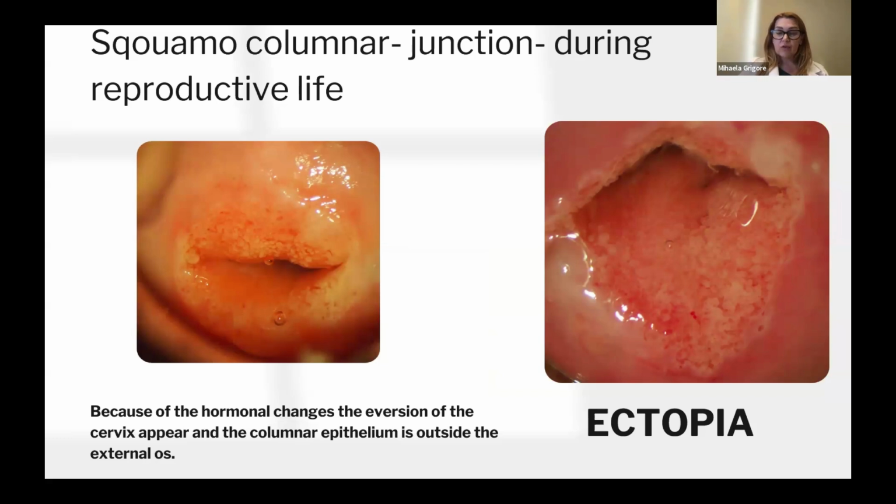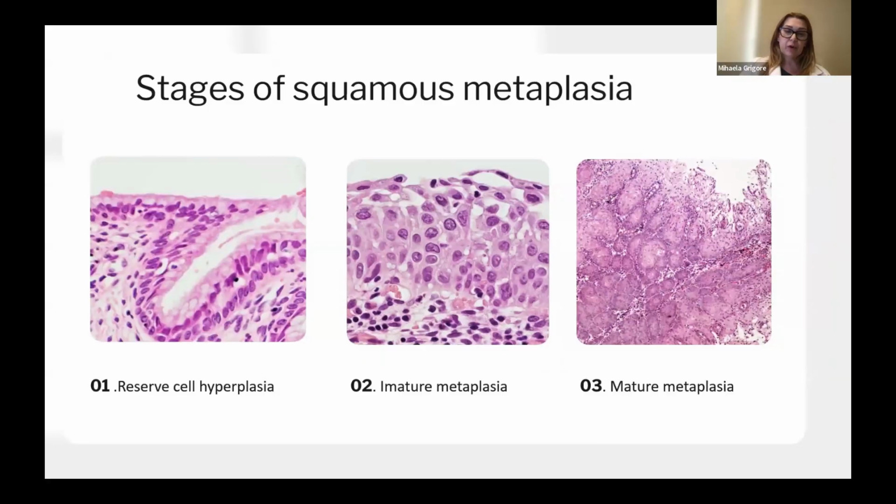But the situation will not stay like this, because a process of metaplasia will appear. And what is this process of metaplasia? This columnar epithelium will be replaced by squamous epithelium. And this process has some stages, actually 3 stages. The first one will be a hyperplasia of the reserve cell.